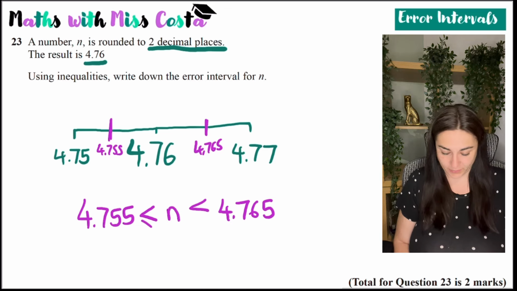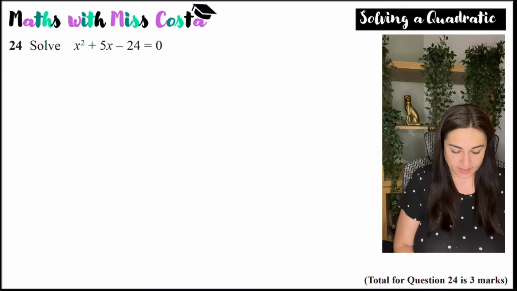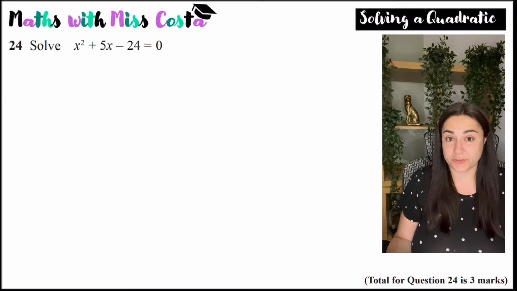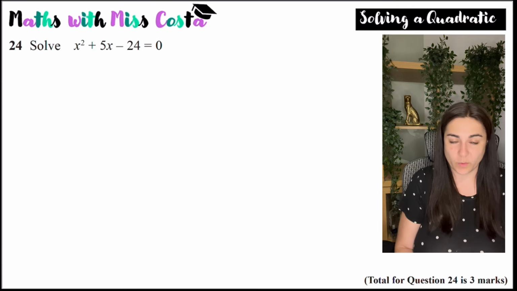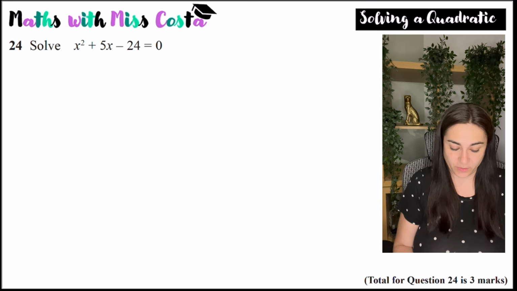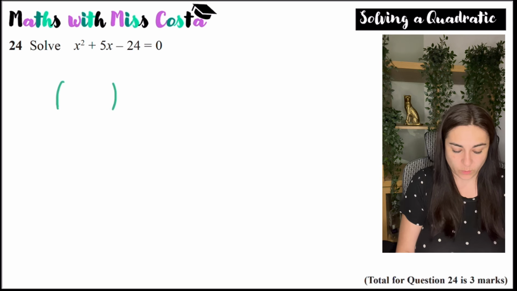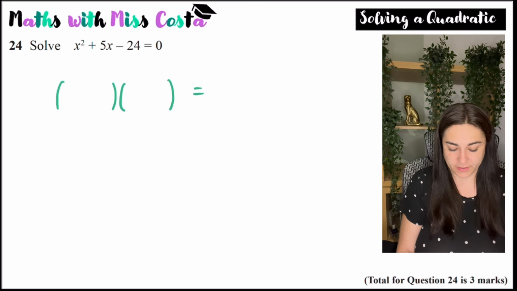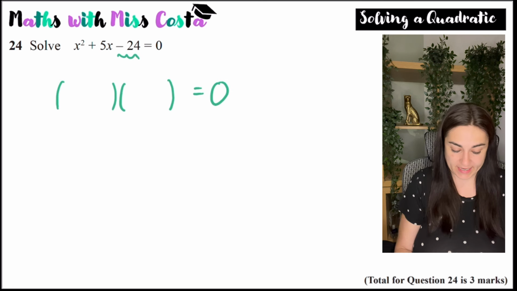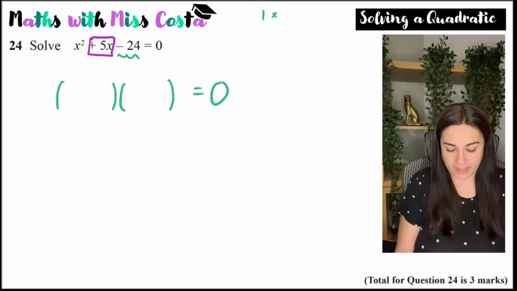Here I've got a quadratic, and whenever I solve a quadratic, I need it to be equal to 0, which this is. And to solve a quadratic, what I want to do is factorise it. So I think of 2 numbers that would multiply to make -24 and add to make 5. So the factors of 24 would be 1 times 24, 2 times 12, 3 times 8, and 4 times 6.